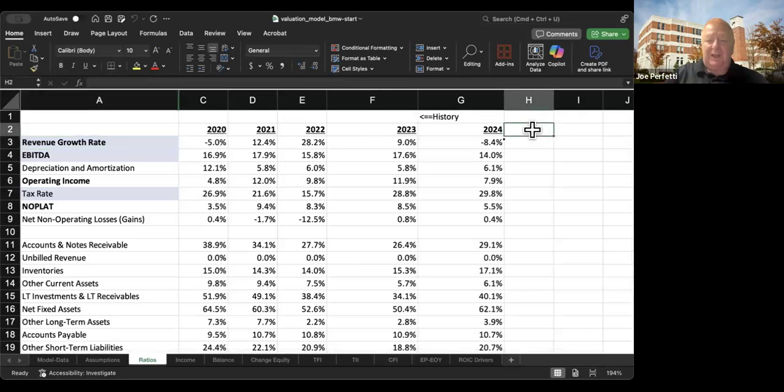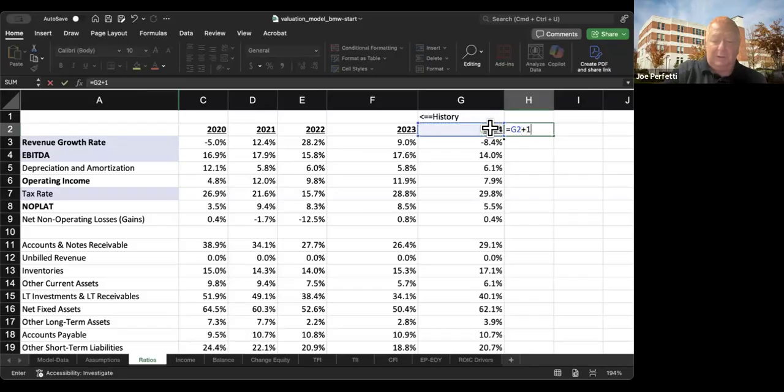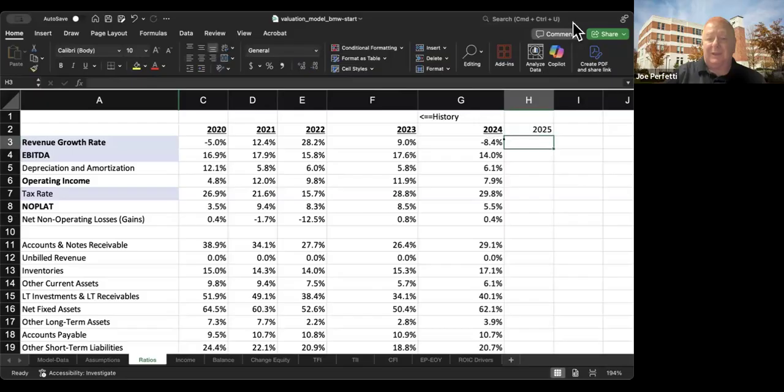On the ratios tab in cell H3, our first forecast year is 2025. So relative reference equals previous year plus 1, and hit enter. Rather than hard code 2025, we're going to make it a relative reference.